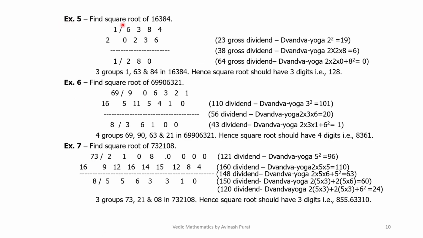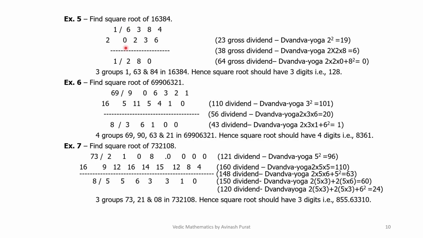Example 5, find the square root of 16384. 84 is the first group, 63 is the second, and 1 is the third group. The maximum square below 1 is 1. The square root also is 1. 1 multiplied by 2, 2 is the divisor, and 1 minus 1 is 0. 6 is the first dividend.